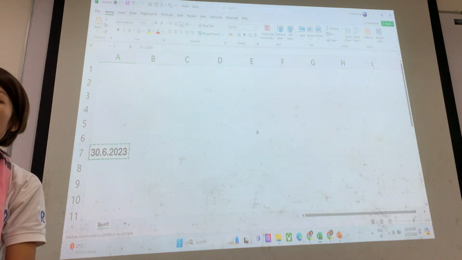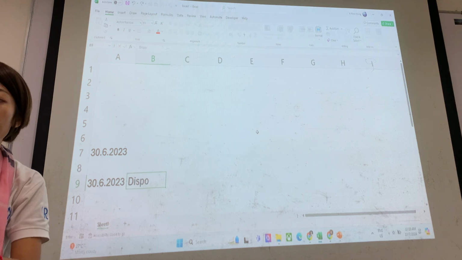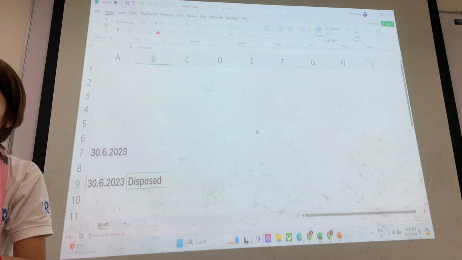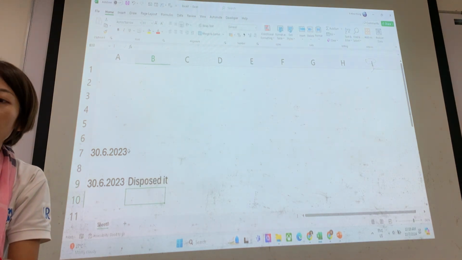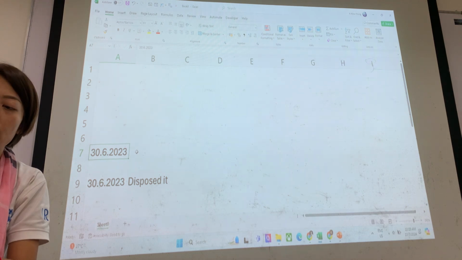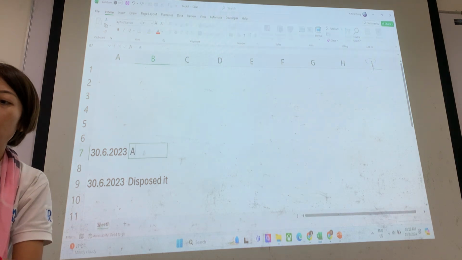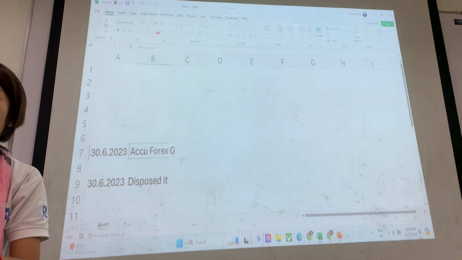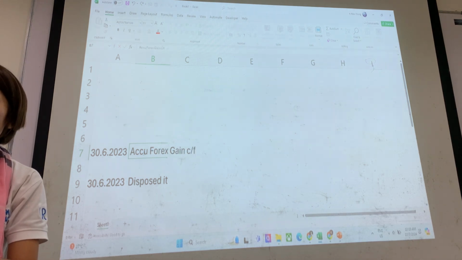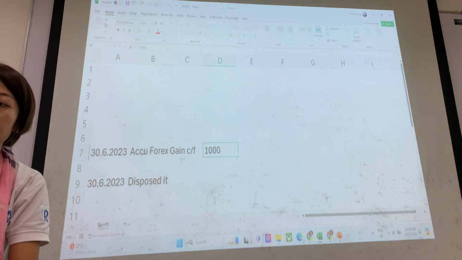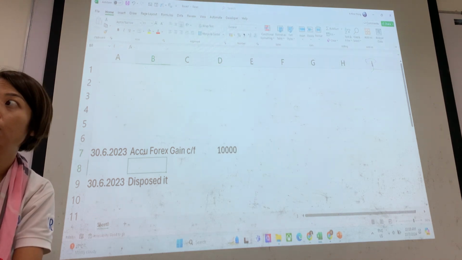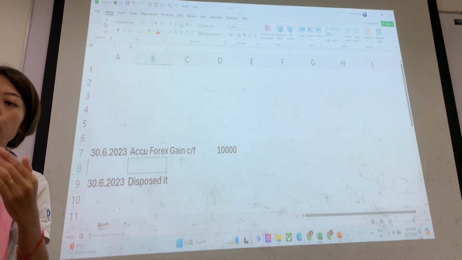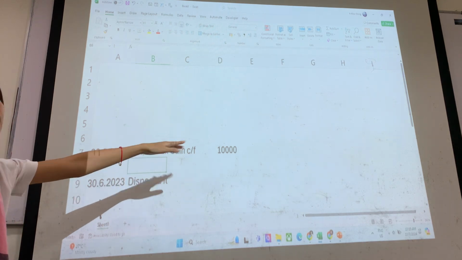And let's say today we make a decision to dispose it, and today we really dispose it. So 30th of June 2023, right before we dispose it, our accumulated foreign exchange gain carry forward is equal to 10,000 gross amount.